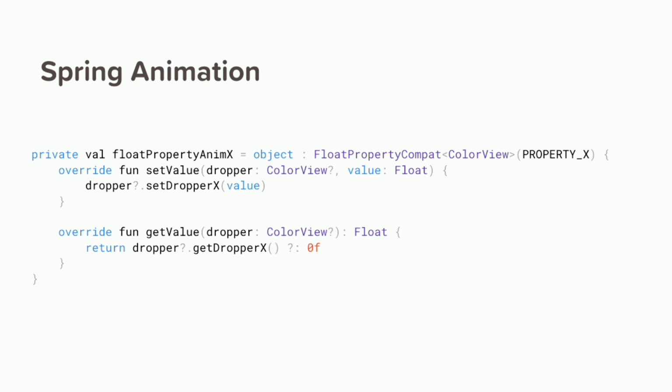In this case, I've got two, I'm only showing one, for the X and Y position that the color dropper is shown on screen. So when set X is called, it just redraws on screen, and then every time we call spring animation, it'll animate individually, calling invalidate on each frame call.